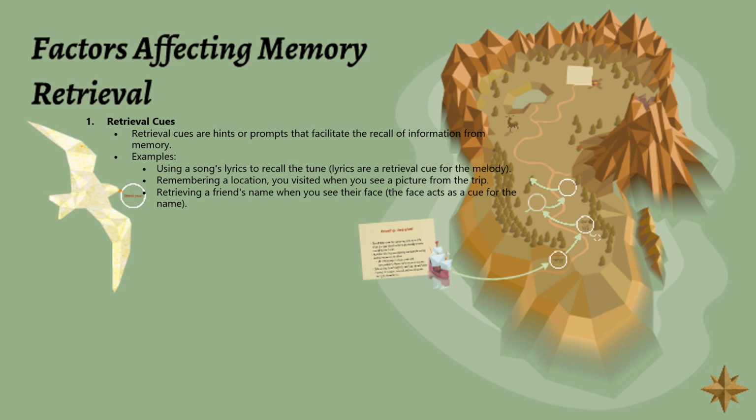Example: using song lyrics to recall the tune. Lyrics are retrieval cues for the melody. Remembering a location you visited when you see a picture from the trip. Retrieving a friend's name when you see their face. The face acts as a cue for the name.